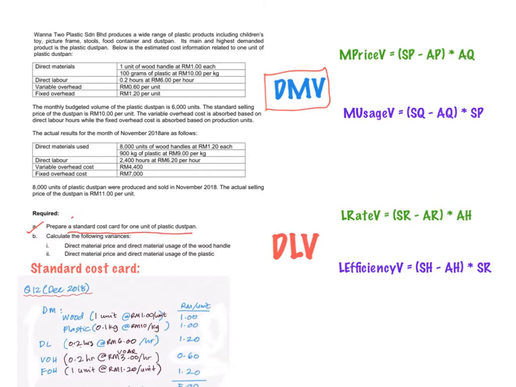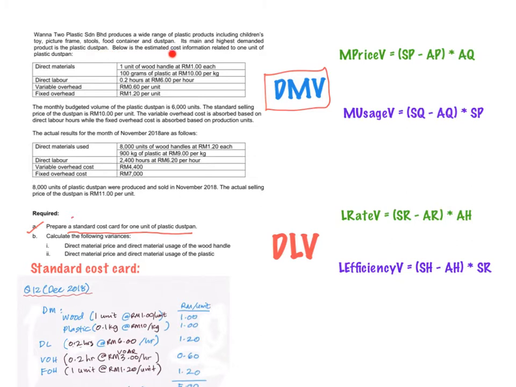So this is the standard cost card as asked in this question. A. Prepare a standard cost card for 1 unit of plastic dustpan. This company produces plastic products, and its main and highest demanded product is the plastic dustpan.